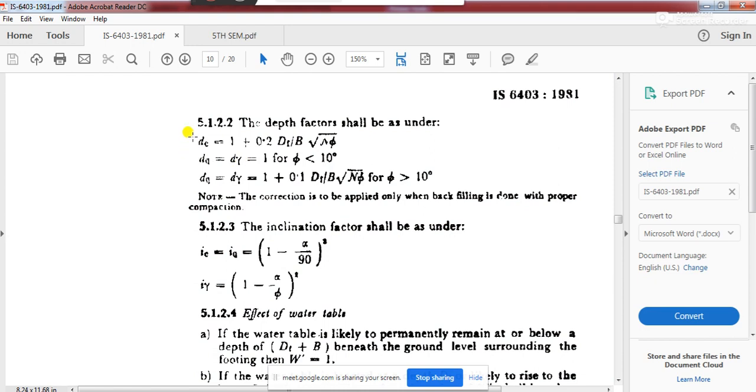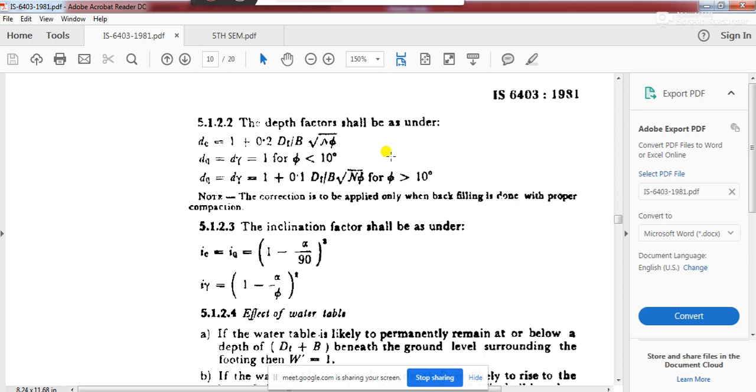For DC the value is 1 plus 0.2 df by b root over of N phi. What is N phi? You remember what is N phi, root over of N phi? From soil mechanics, shear strength. This is not NC, NQ, N gamma. Please understand.